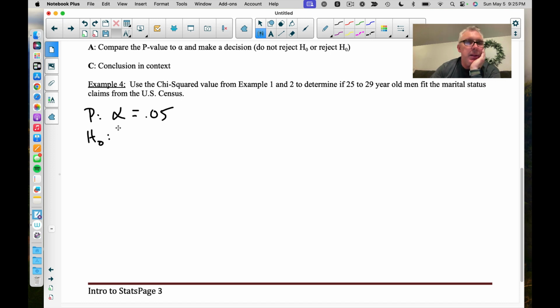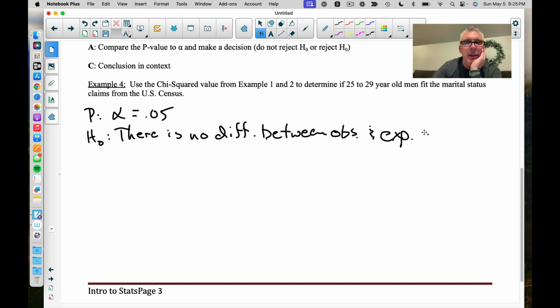The null hypothesis is there is no difference between observed and expected data. Every time. That's what you're going to put.